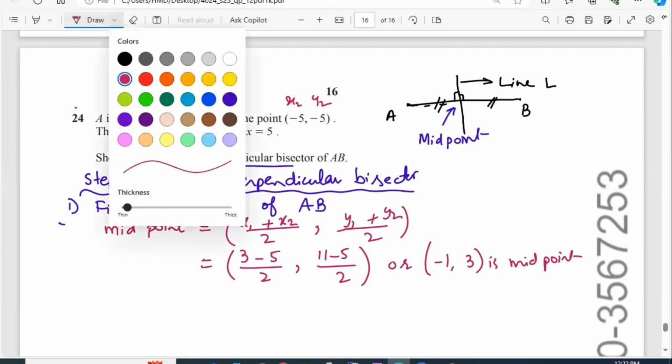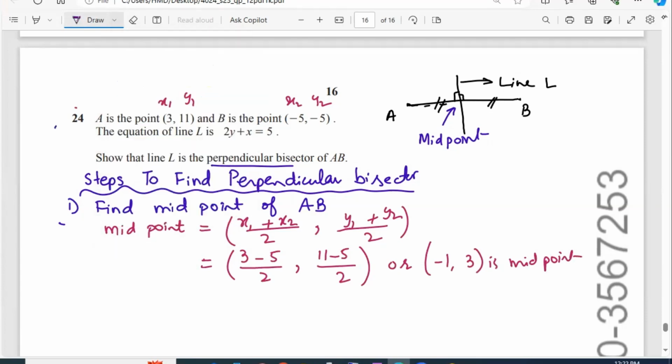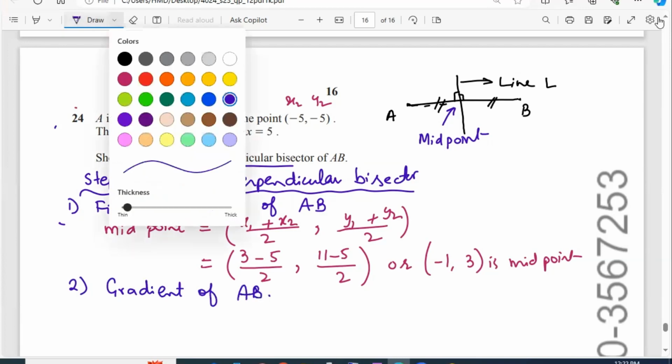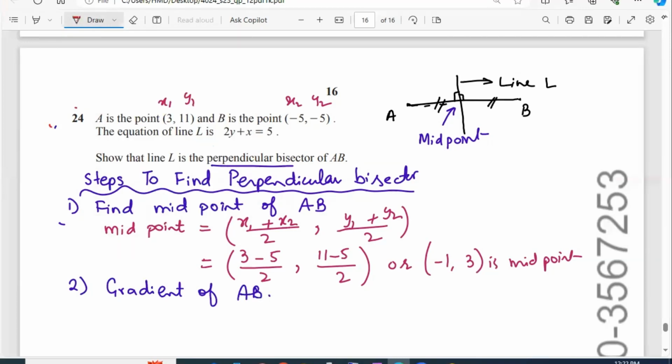Now the second step is to find the gradient of AB. So the gradient of AB, m of AB, will be y2 minus y1 over x2 minus x1.